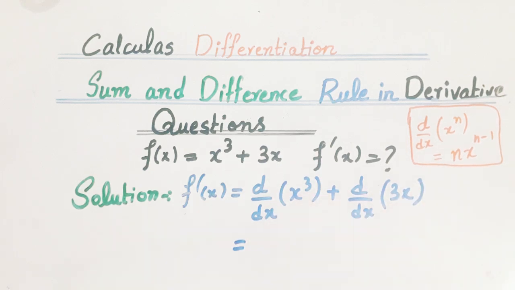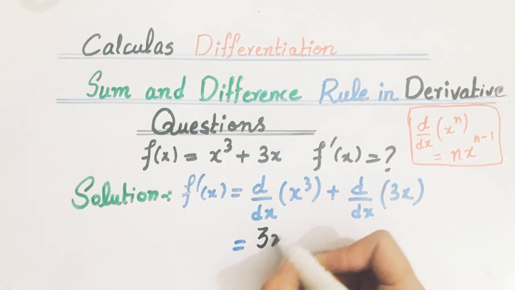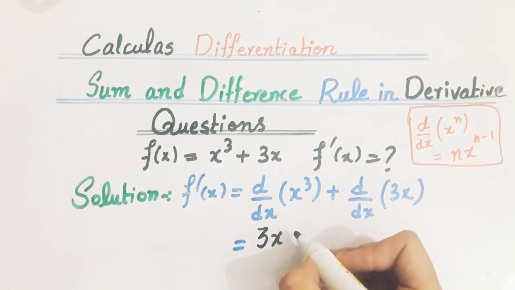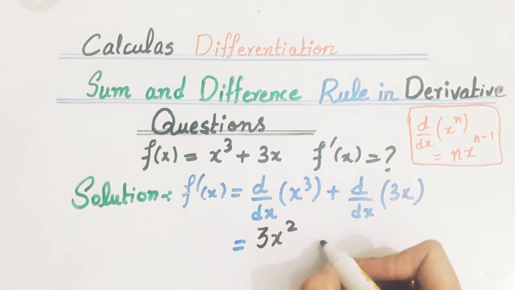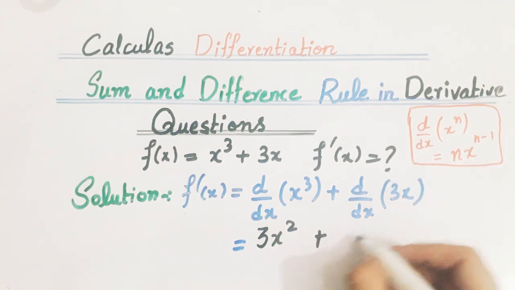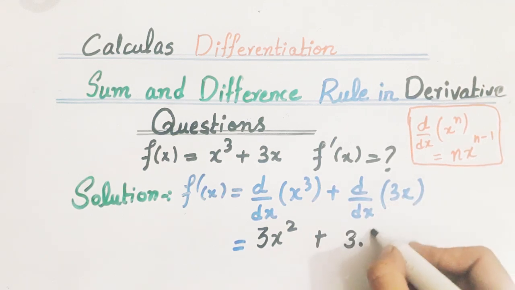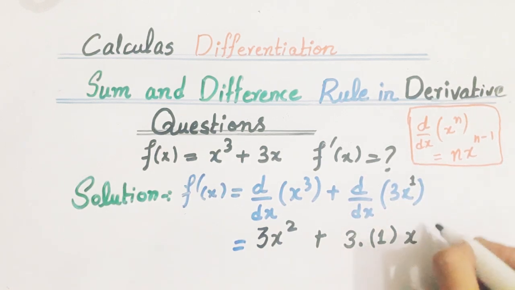Here the power is x cube. So we will solve this as 3 in the start and x raised to power 3 minus 1, that is 2. Then 3 is a constant. So 3 into 1, 1 is the power of this, and x raised to power 1 minus 1, that will be 0.